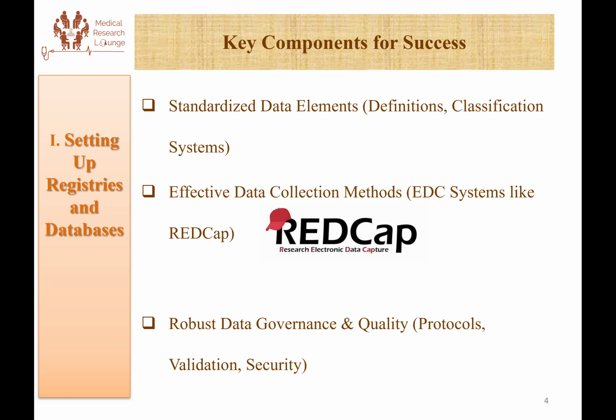For instance, a field expecting a date won't accept a text input, or a numerical range can be enforced so that we can make sure that an erroneous number cannot be entered in the field. So this dramatically improves data quality at the source, at the very beginning, which is very good. And they also offer remote accessibility, which is amazing, especially for multi-site studies.